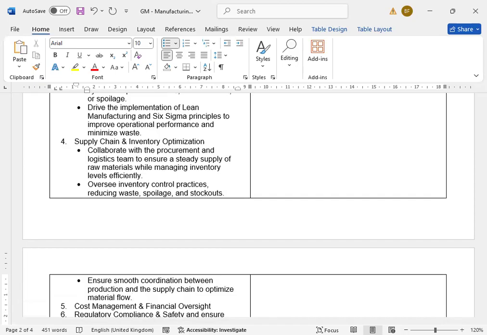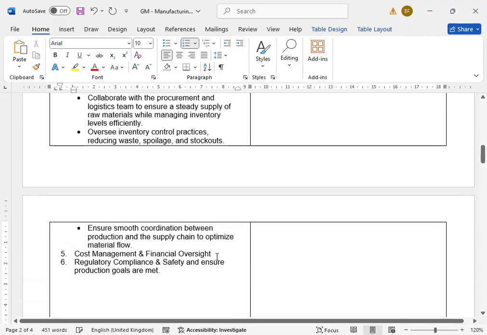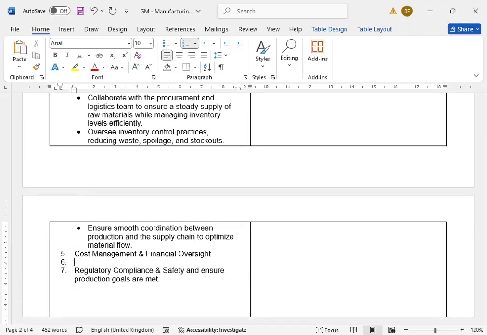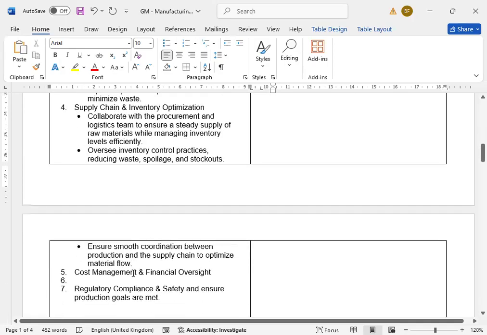Okay, so that would be what is that, number 4? So what I'm gonna do is I'm gonna do a number 5, which is the cost management and financial oversight. So again, enter up. I tab it. I should not tab it.